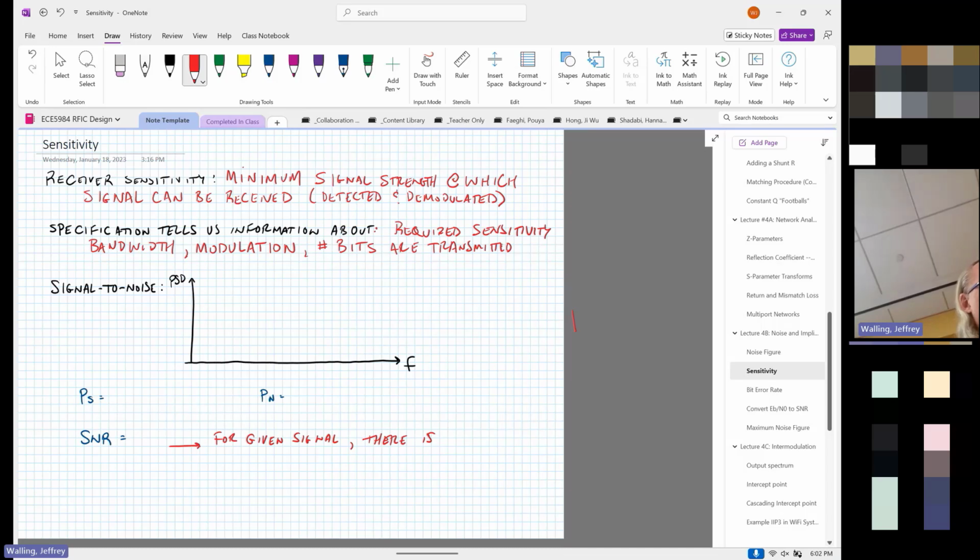And what we're really looking at when we talk about these receivers and sensitivity is we're ultimately going to start to look at signal to noise ratio. So for instance, we know that our signal, at least in the frequency domain, might look something like this.